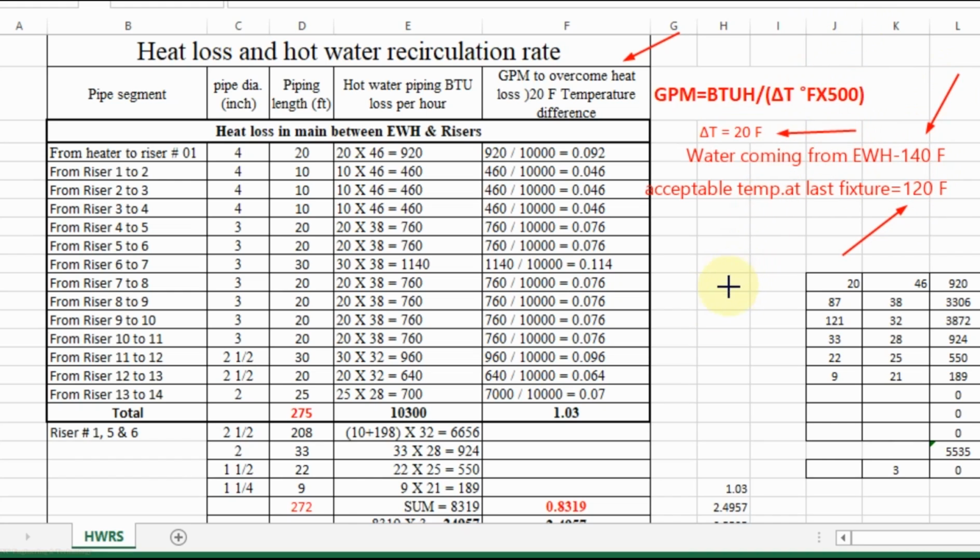So when we apply our calculated heat loss for each pipe segment in this formula, we get the GPM. Here you can see the GPM in each pipe segment of the main, and the total GPM required for the main is 1.03.